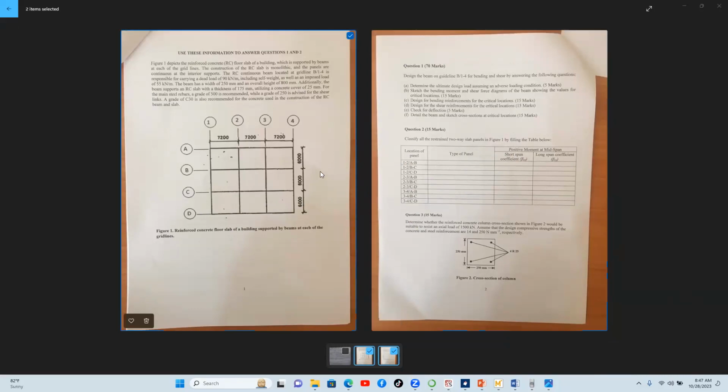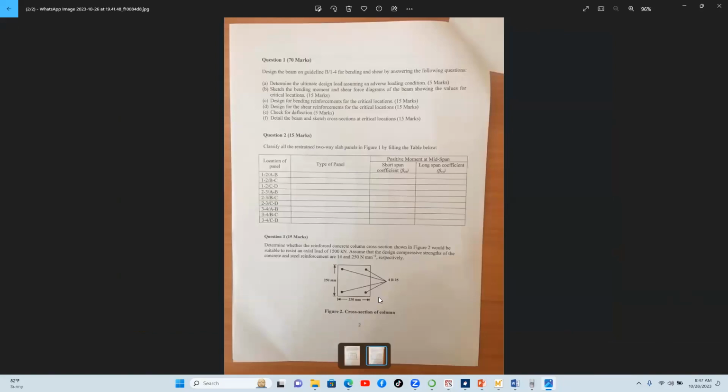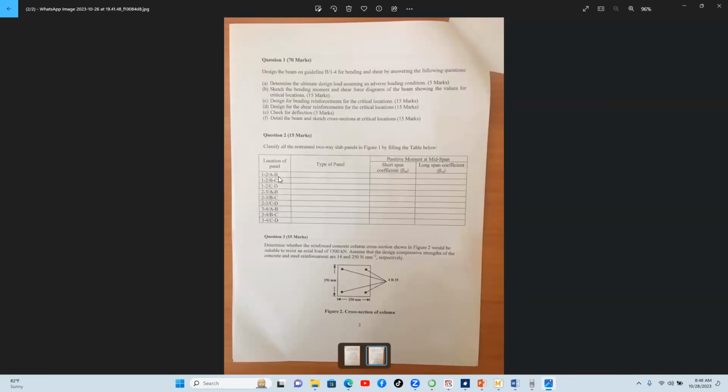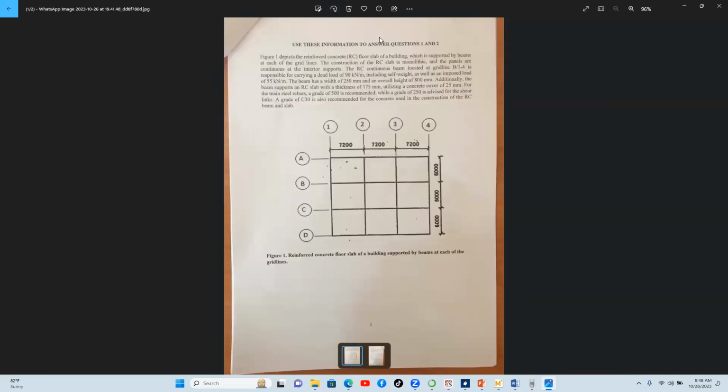So let's consider panel 1, the panel between grid lines 1 and 2 and A and B. So we are going to classify panel 1, and this is how the classification is done.